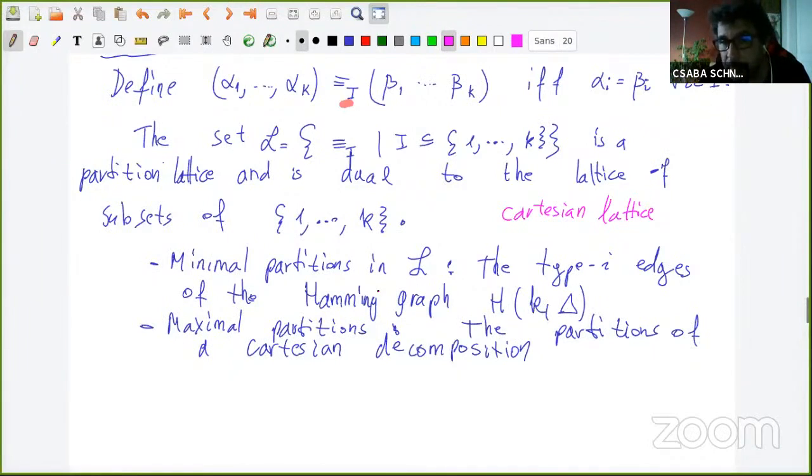The blocks of the minimal partitions are in fact the maximal cliques of this Hamming graph. So this partition lattice is very much related to the Hamming graph. The minimal partitions essentially determine the Hamming graph and are determined by the Hamming graph. And the maximal partitions are the partitions that form the so-called Cartesian decomposition.